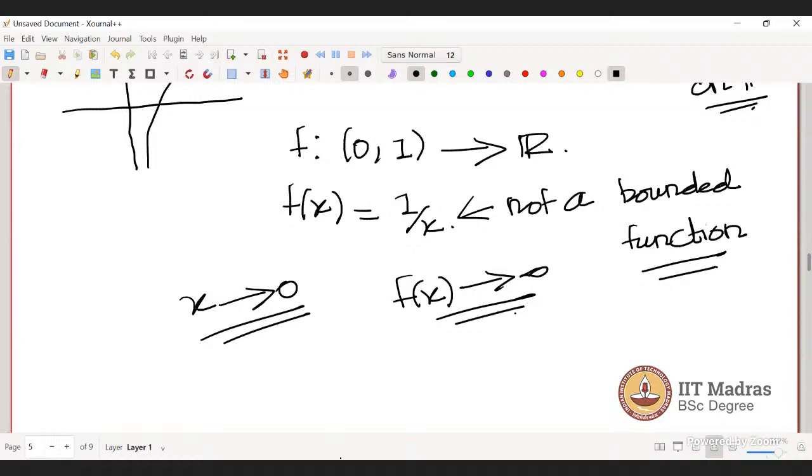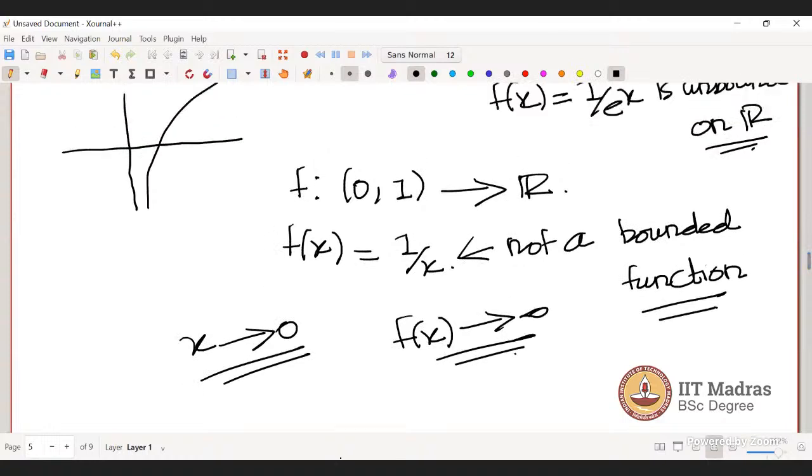But here we wrote an open bracket, so 0 is not included. We should start from 0 point something. That's why 0 has an open bracket, right? I'm not including 0. Sir, why is the 1 also an open bracket? Because if x is equal to 1, f of x will be 1. I can define a function like that; I don't care.